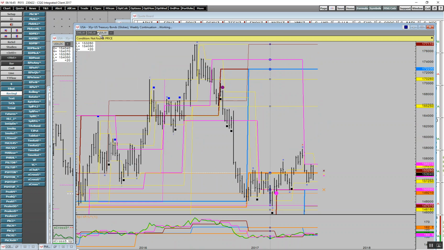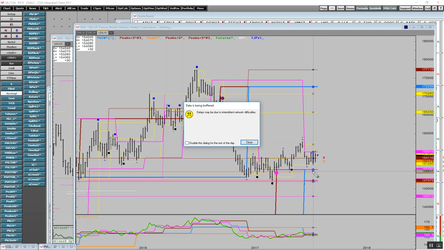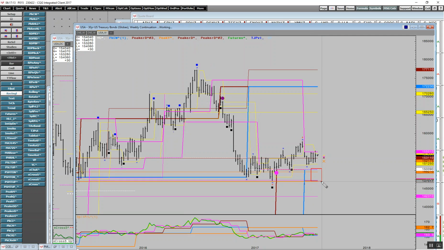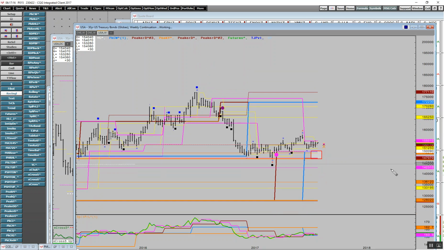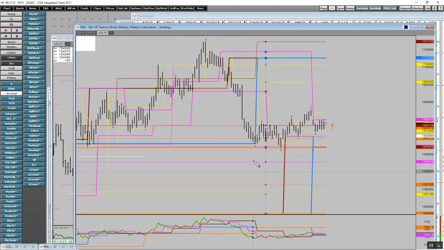But in my mind, the high in the US bonds is in place, and now we're looking at testing support, and really, should we break this 150 to 147 zone, this is the big zone for bonds. Under there, it just becomes a bit of a car crash all the way down to 128. So, look, we are still above this key yearly support, but if that was to give way, 147, then yeah, big trouble.